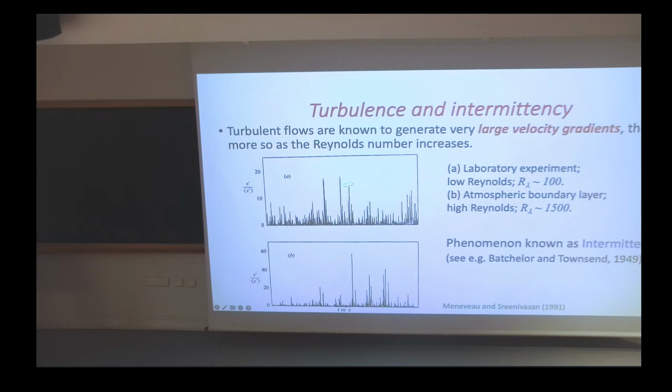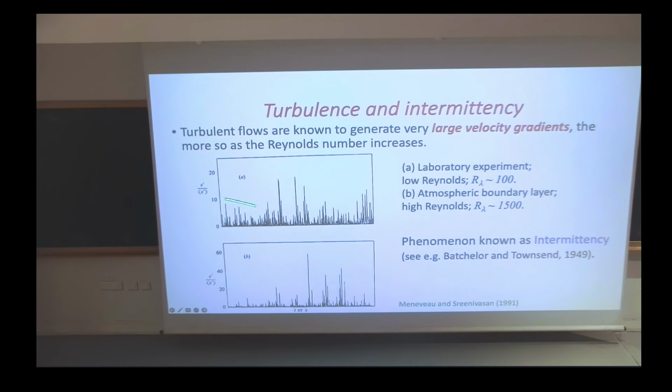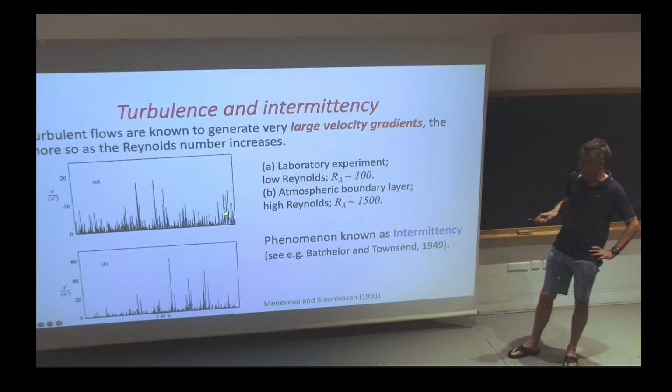I'm showing here on these two figures some records of the velocity gradient squared as a function of time or space. Details are immaterial here, and it's normalized to the mean. So the signal you see has a mean at 1.